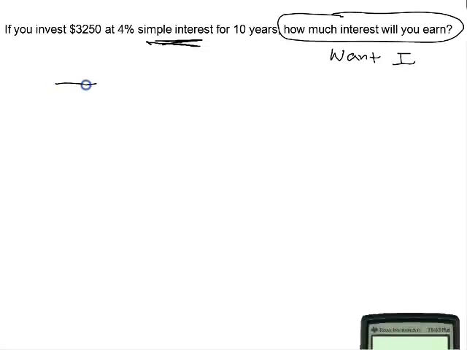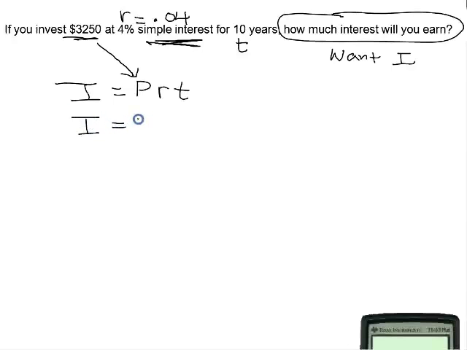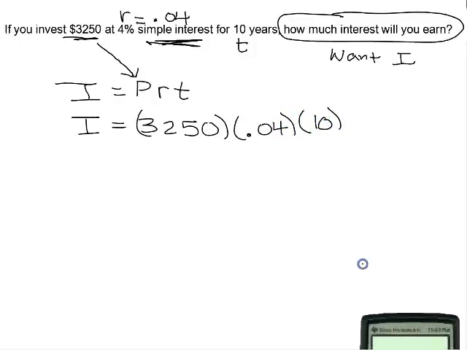Well, the formula for simple interest, I, is equal to P, the principal, times the rate, times the time. What we invest is the principal. Our annual rate in decimal form is 0.04, and then the number of years is 10. So the interest is equal to the $3,250 we invest times the annual interest rate, 0.04, times the number of years that we have this loan, 10 years.